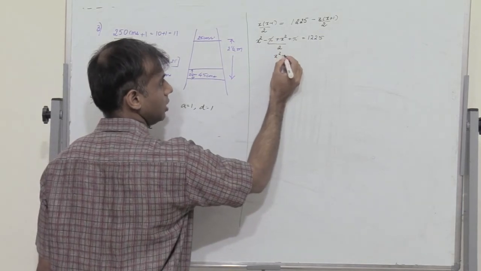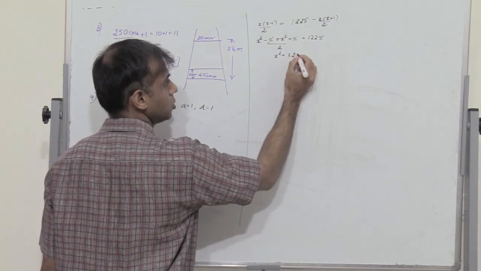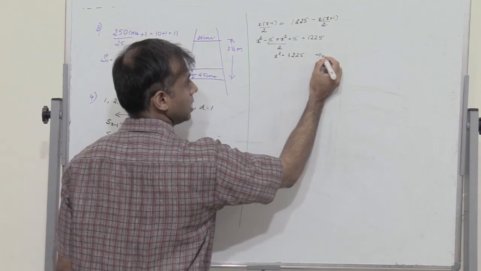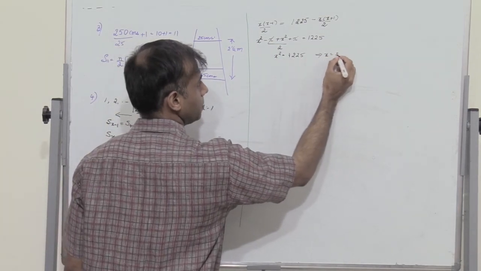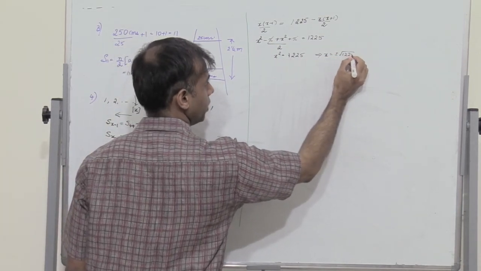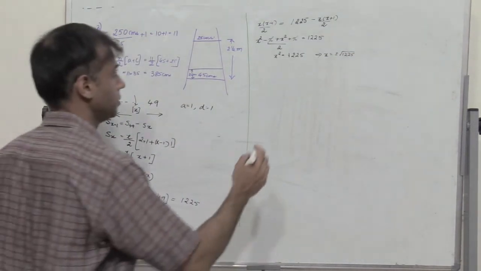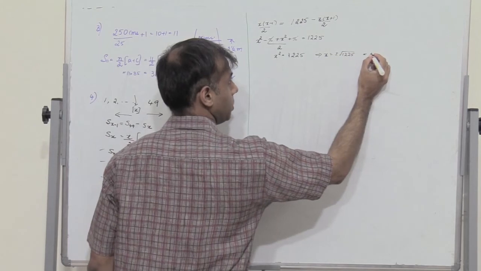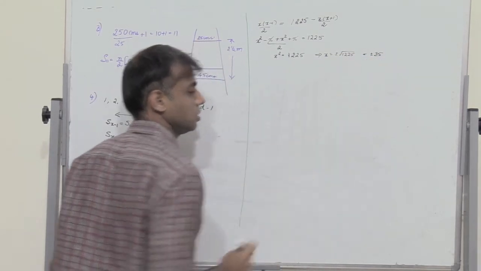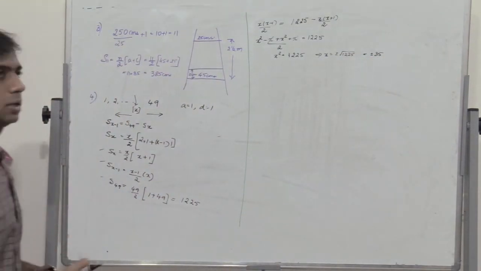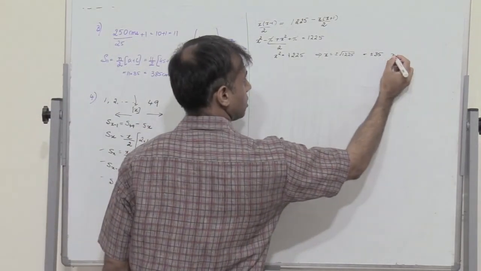So x square equals 1225, which implies x is plus or minus root of 1225. The square root of 1225 is 35, so we get plus minus 35. Since the value of x cannot be negative, x is 35.